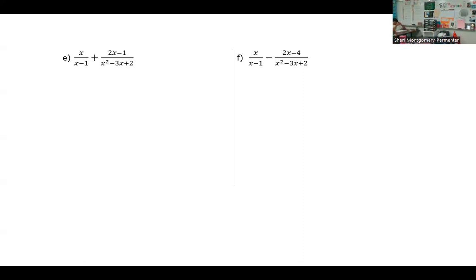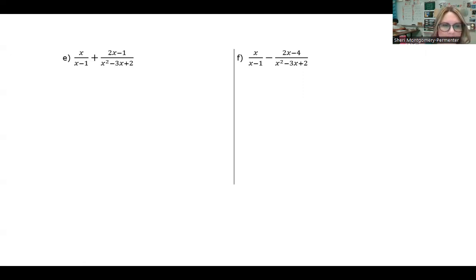For the second one, when you factor the denominator, we're trying to figure out what two things can multiply to give you two, and combine to give you negative three.